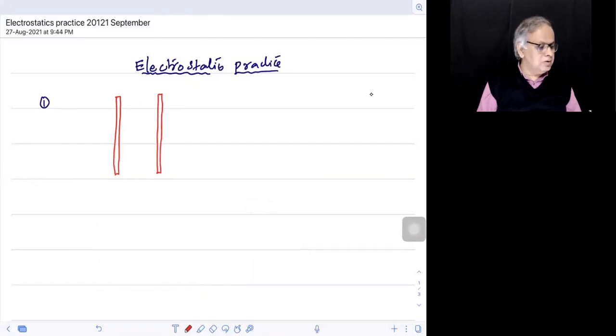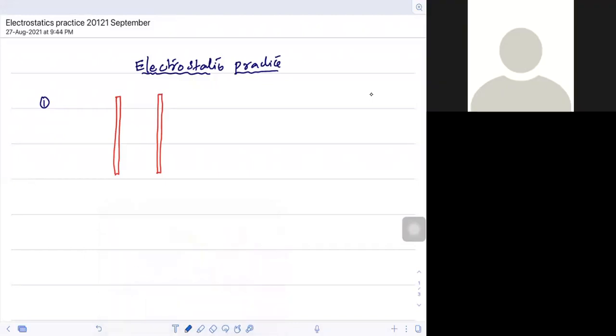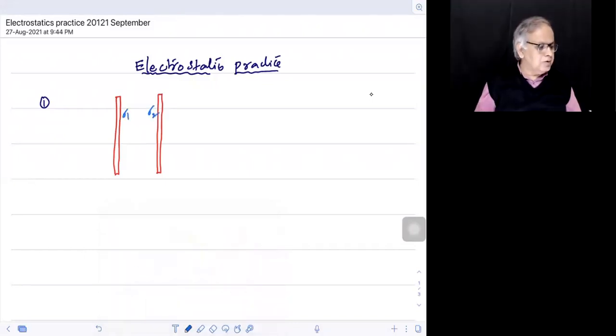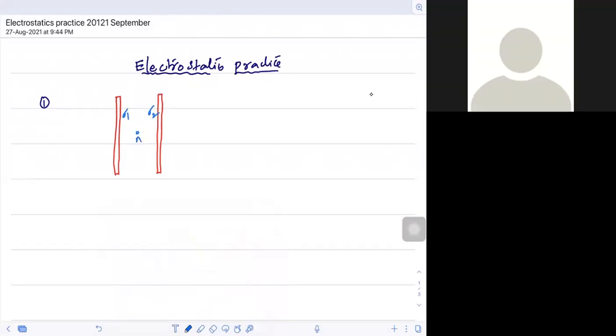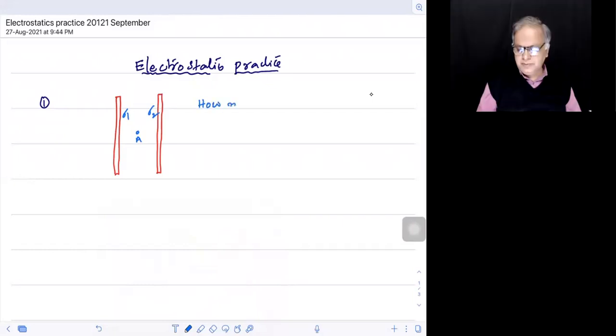Do you follow? Facing surfaces sigma 1, sigma 2. Do you follow? So how much is the electric field at A?